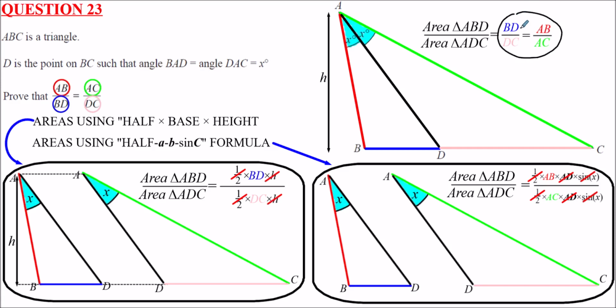We can then solve this by cross multiplying. And if we do that, we get BD times AC equals AB times DC. Now we want to divide both sides by DC.